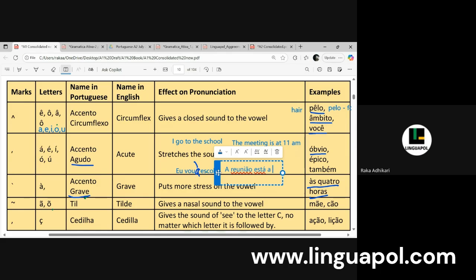So for that also, we have to use an article: às 11. So a reunião está às 11. Now definitely these will not come separately, so we bring them together and it becomes às.